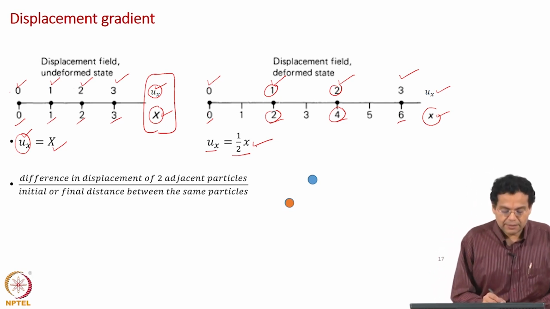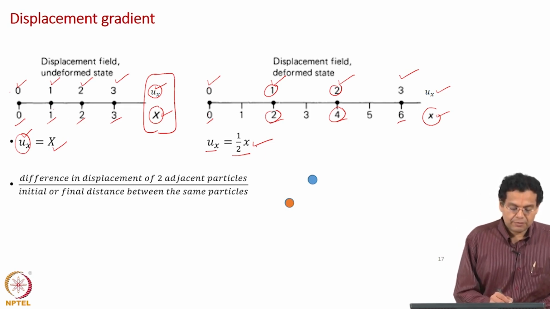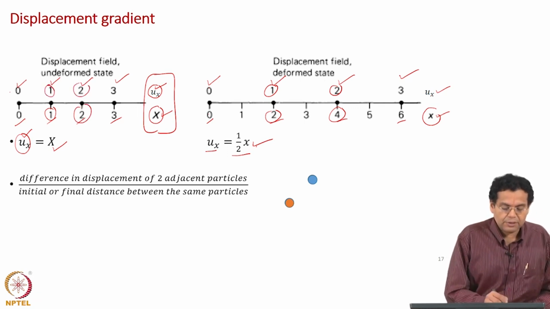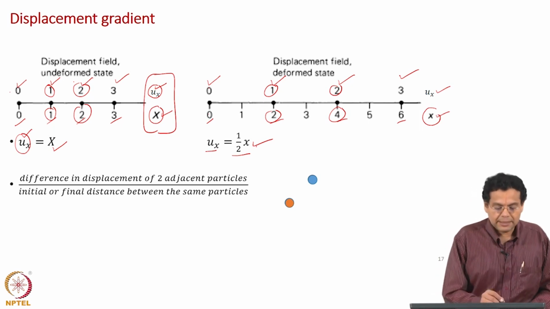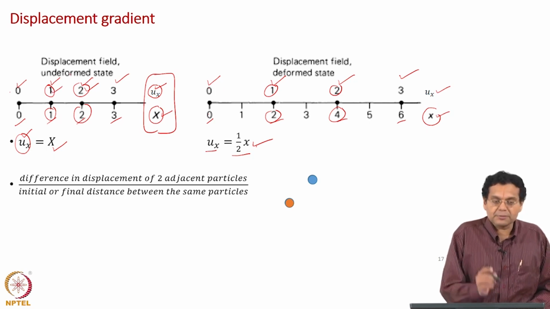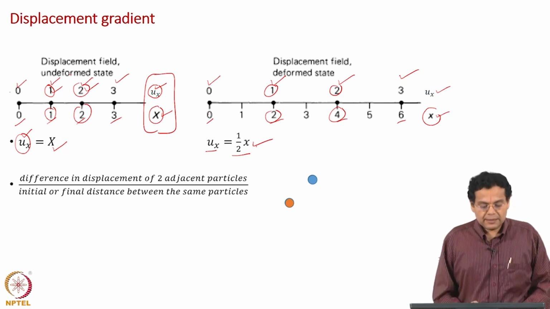And let us say for example, we are considering particles which were at 1 and 2, their displacements are 1 unit and 2 units. Now, difference in displacement of two adjacent particles: the displacement of the particle at 2 is 2, the one which was at 1 is 1, the difference in displacement is 1 unit. Now, what is the denominator?